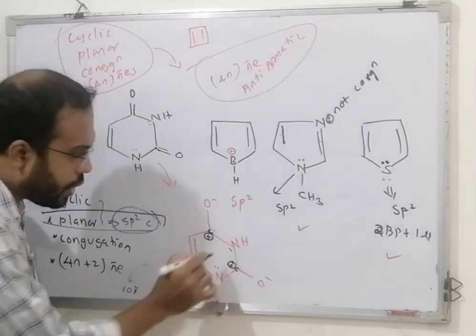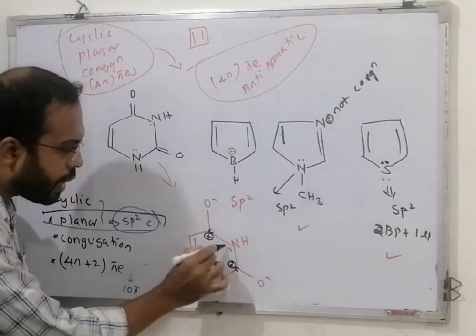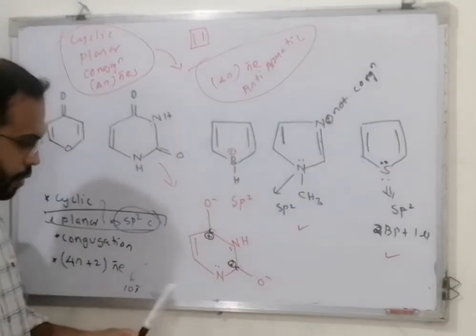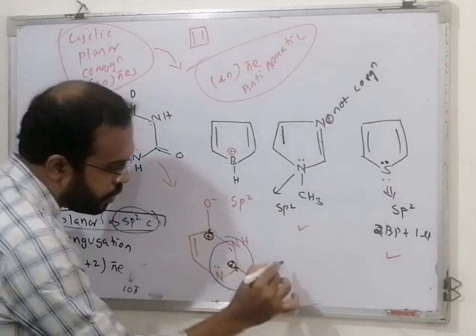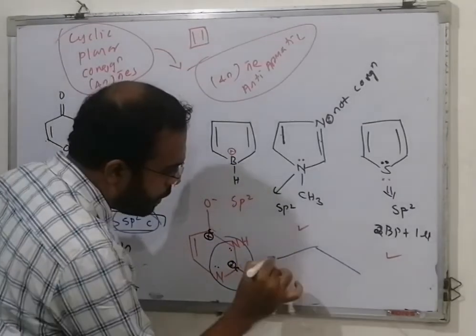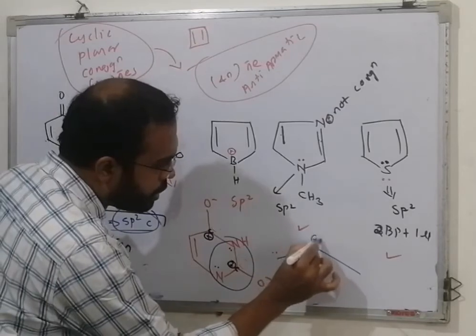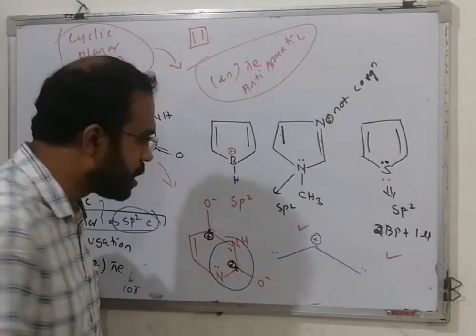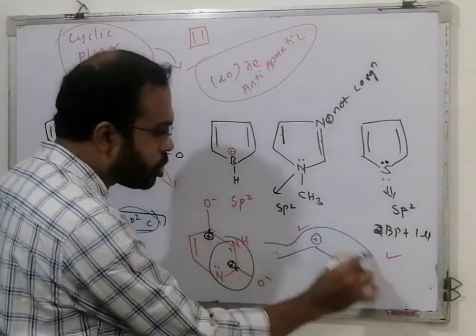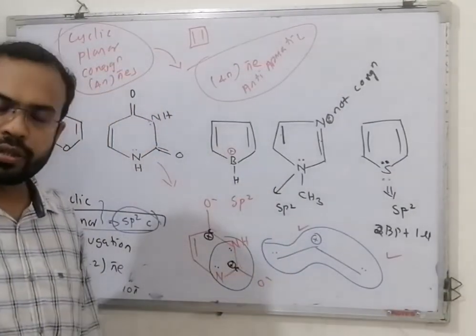Now, yes, here a conjugation. There are different types of conjugation. Look at this part. What is this? Lone pair, positive charge, lone pair. This is also conjugation. My dear students, remember, this is a conjugation.